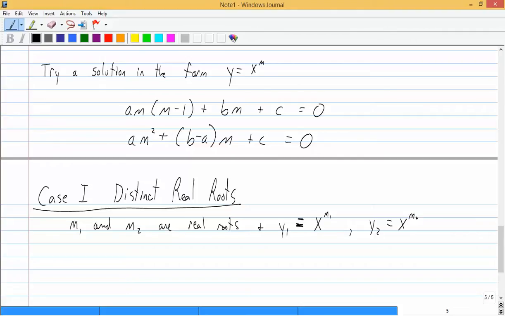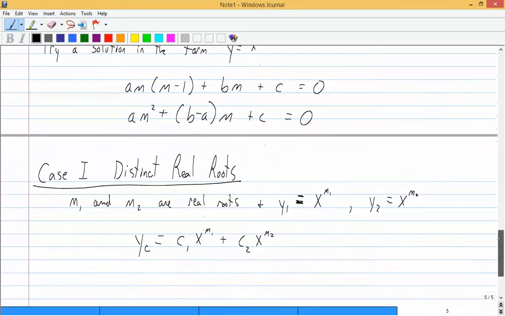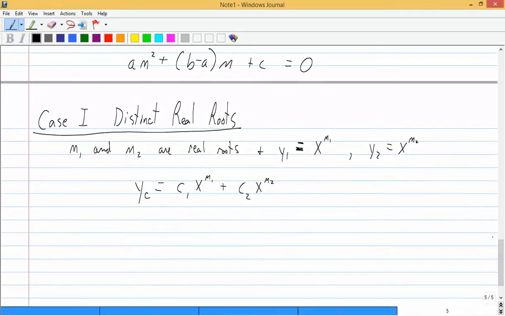Once you figure out those two solutions, the linear combination of those solutions, your y sub c, would be equal to c sub 1 x to the m sub 1 plus c sub 2 x to the m sub 2. All right.